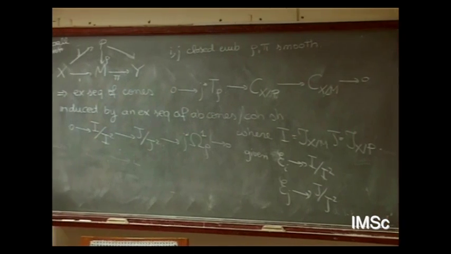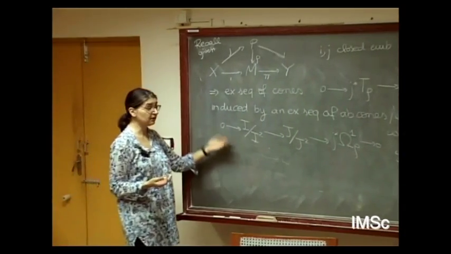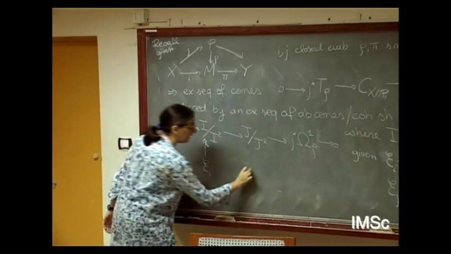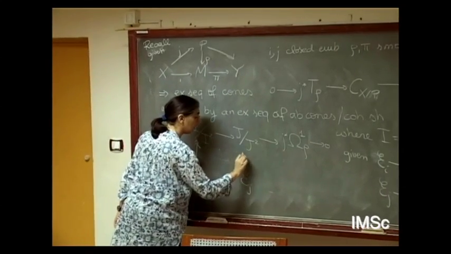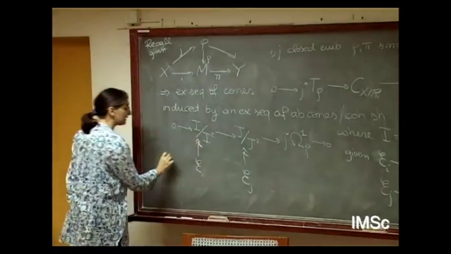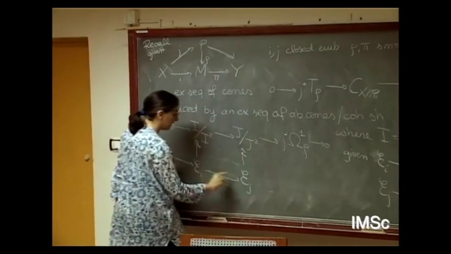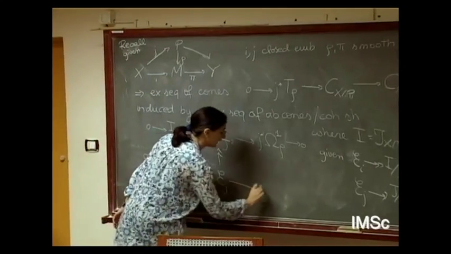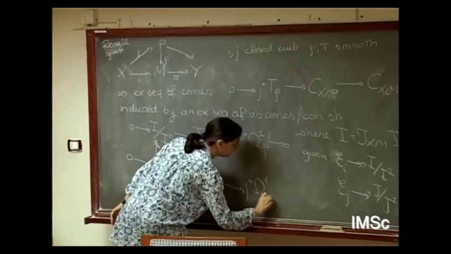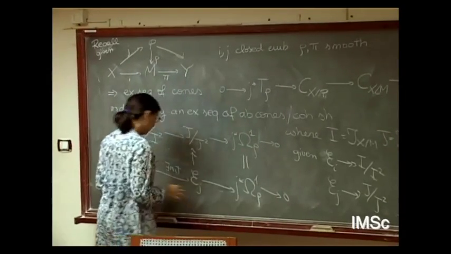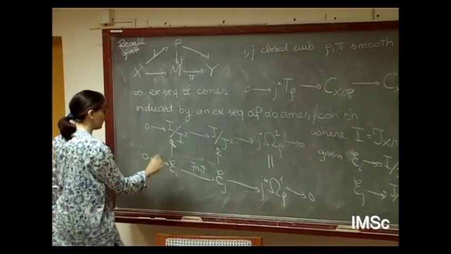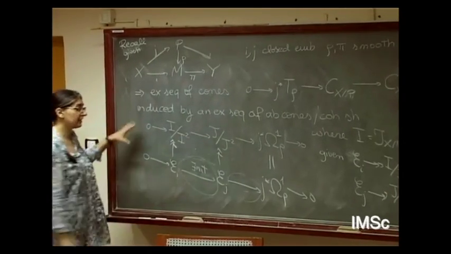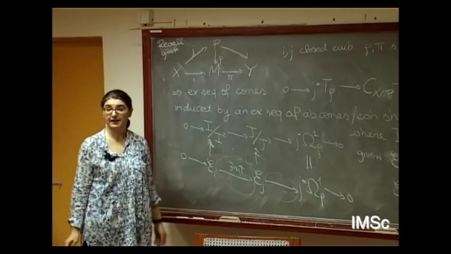Then to get the correct result, what I need is, so here I have E_I, and here I have E_J. And what I request is that for this sequence, there exists a natural morphism here, such that there exists this and there exists this such that this diagram is commutative and has exact rows.